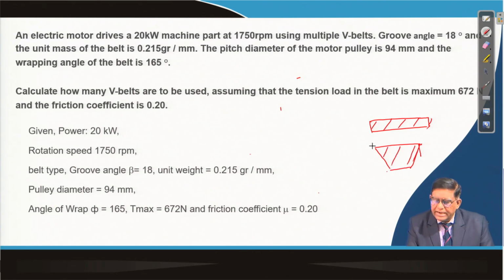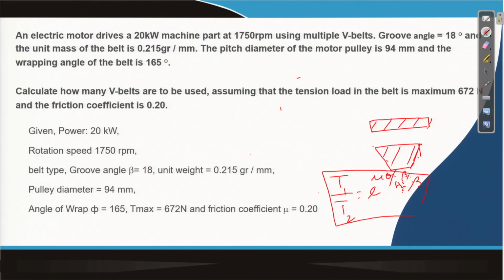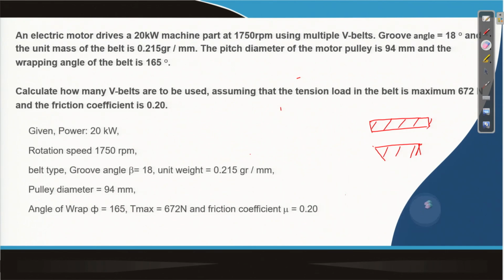So, there is a groove angle, called angle say beta. Then in this belt, T1 by T2 will be given by e to the power mu theta by sine of beta. So, this is the belt tension relation in the case of a V belt: mu theta by sine beta. This portion is to be noted down.